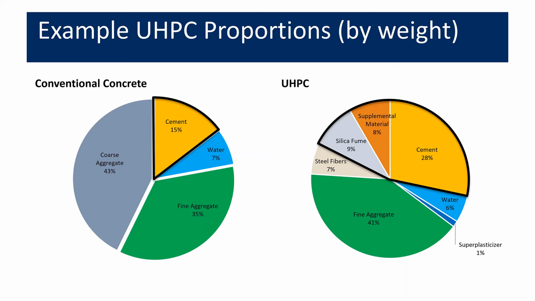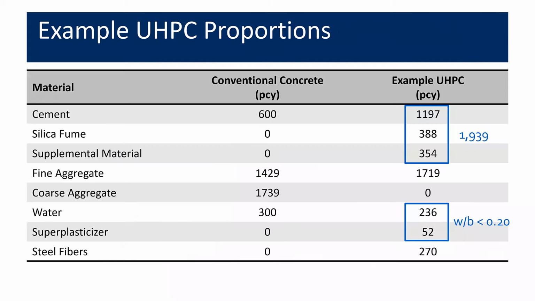So I mentioned that this conventional concrete mixture might be what's considered a 6-sack mix. If I did the same math for a UHPC mixture, it would be a 20-sack mix. So now I'm just going to show the numbers that are associated with those graphs. I know some of you are probably more number people and others are graph people.